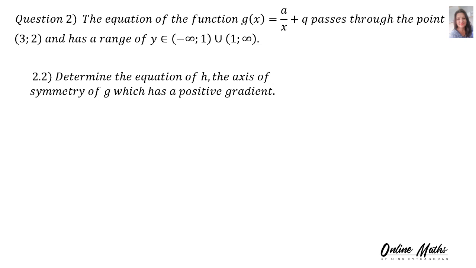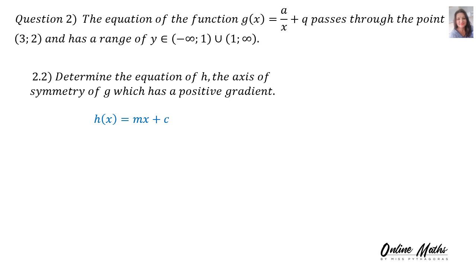Question 2.2 says, determine the equation of h, the axis of symmetry of g which has a positive gradient. Now what is h? h is a new line and a line is a straight line which has the equation h of x equals mx plus c.